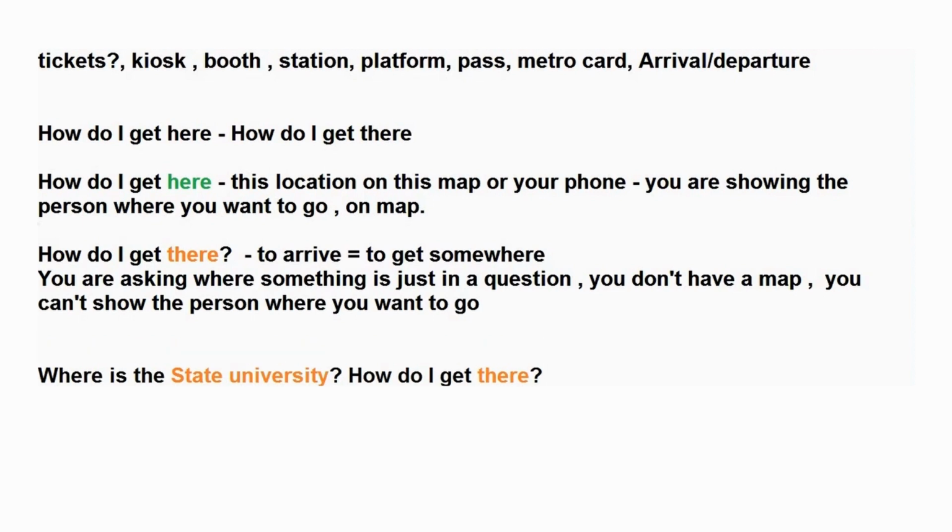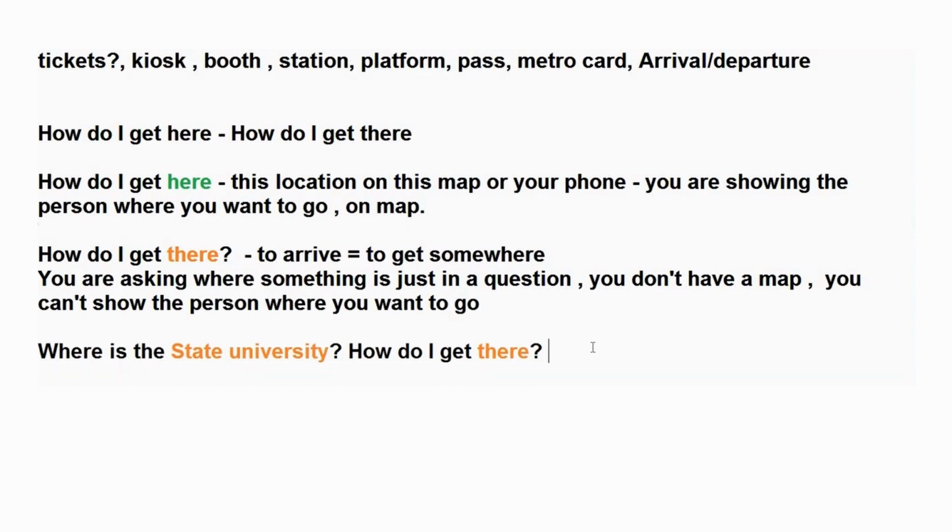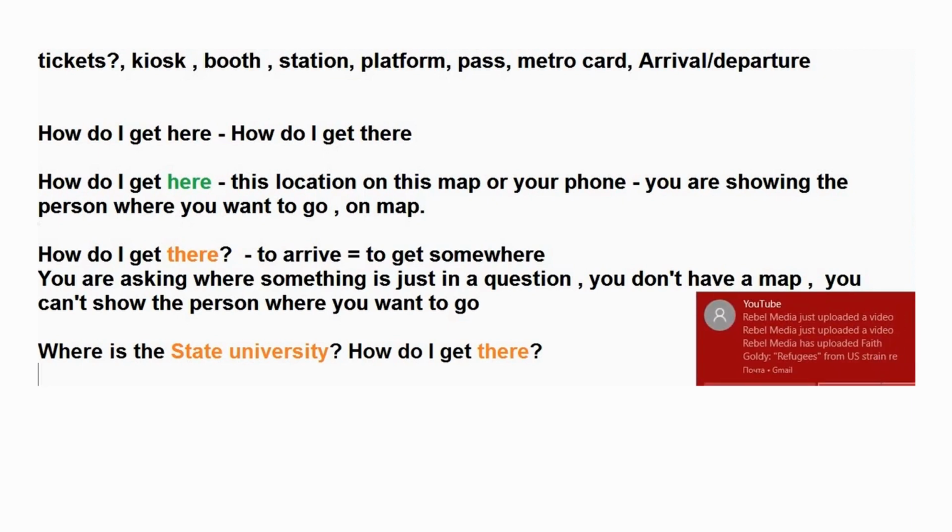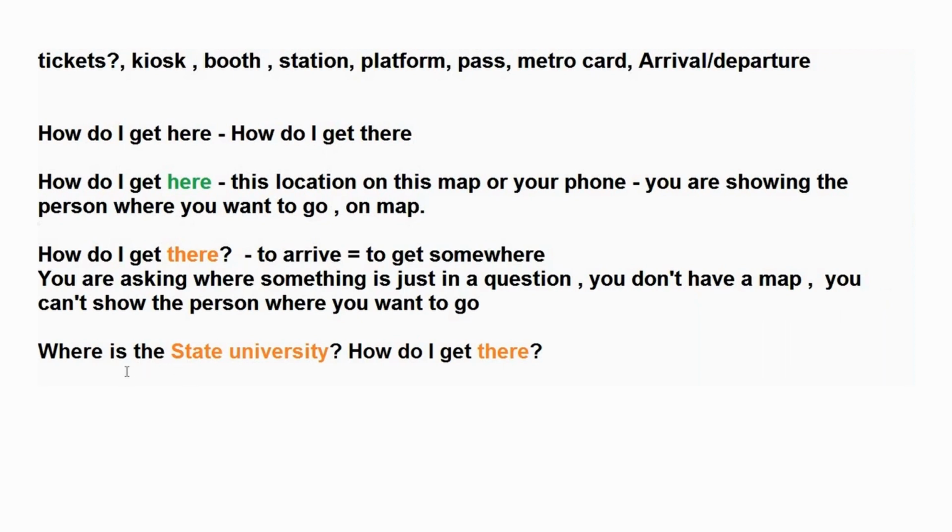So the other example would be on the map you're showing the person, right? So you say, for example, you point onto the map.